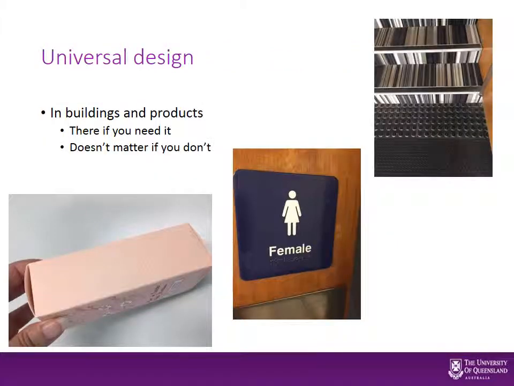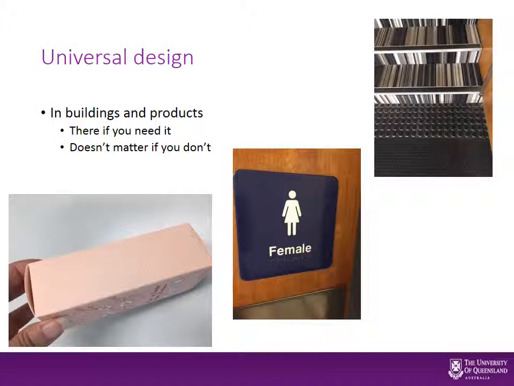So you can have things built into products. There's a box of hand cream that's got Braille on the side. There if you need it, and it doesn't matter if you don't. Similarly, Braille on door signs.